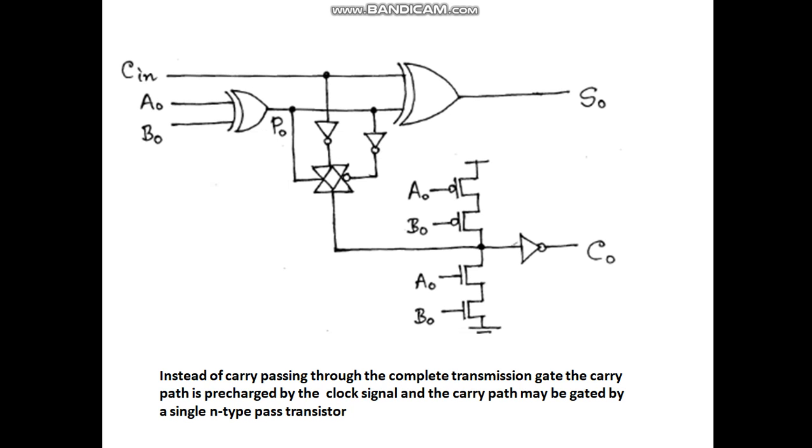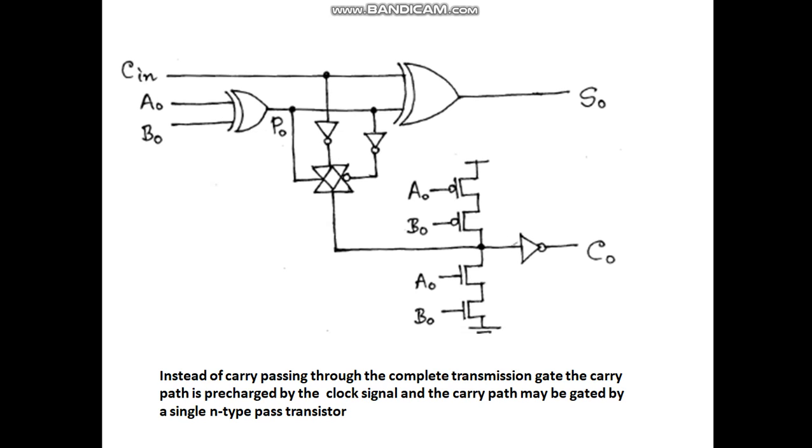So we don't have to wait for the output from the previous stage. Okay, without this information also, based on the concept of carry propagation and carry generation, we can implement the circuit.